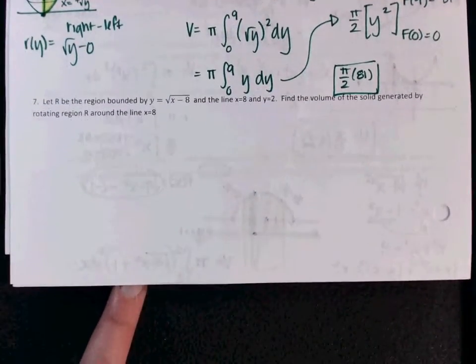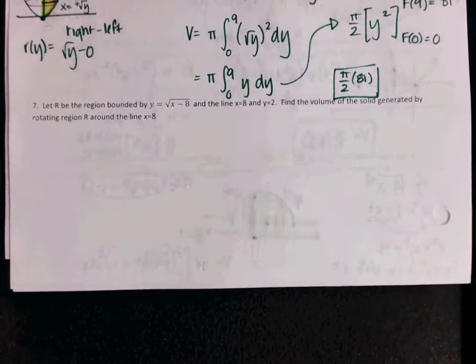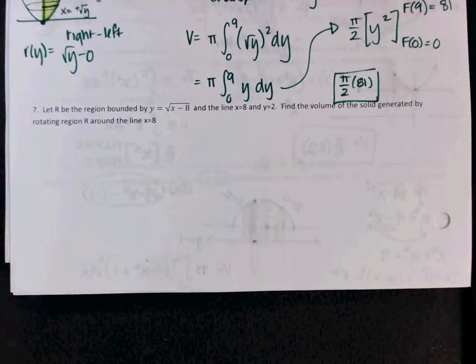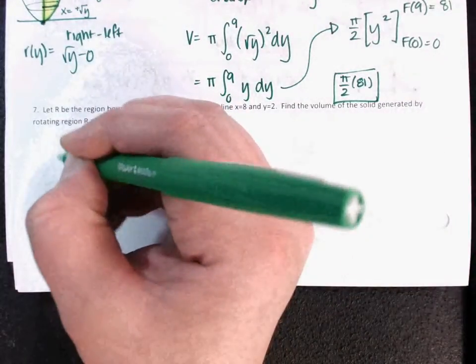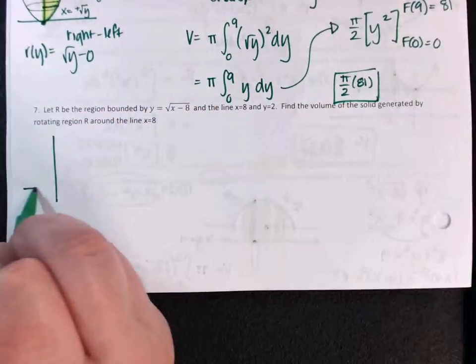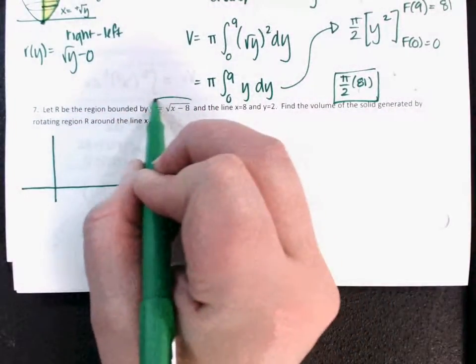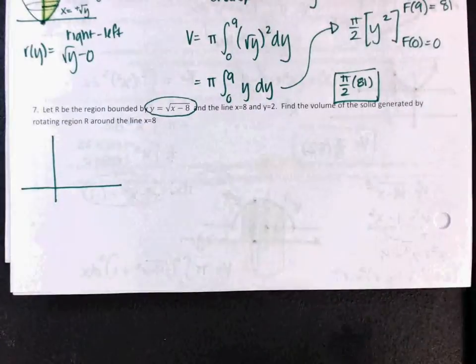All right, last one like that. Take a look at number 7. I'll give you a second to sketch the graph. It says square root x minus 8, x equals 8, and y equals 2. Which way is this guy shifted? Left, right, up, down.